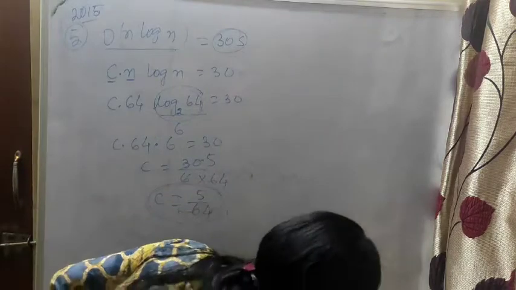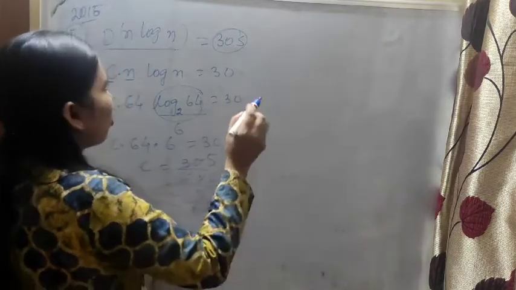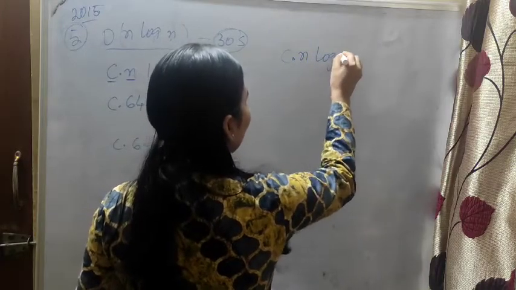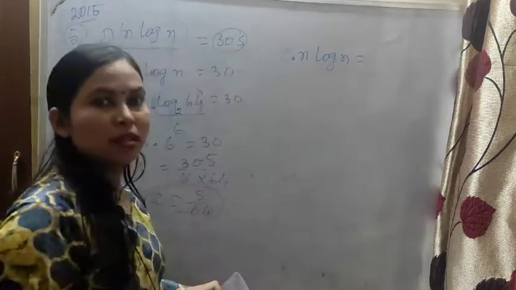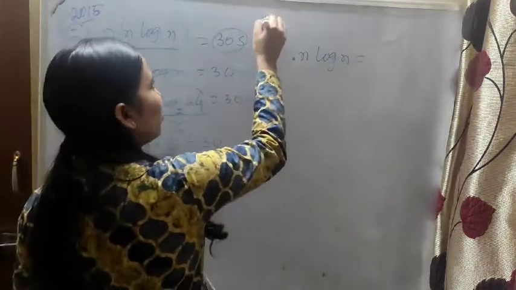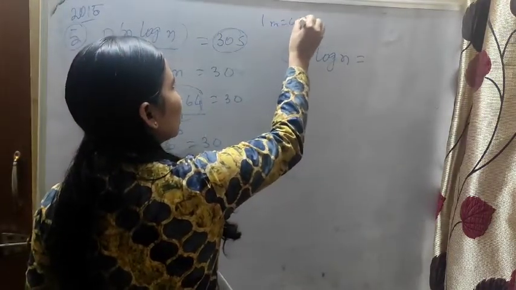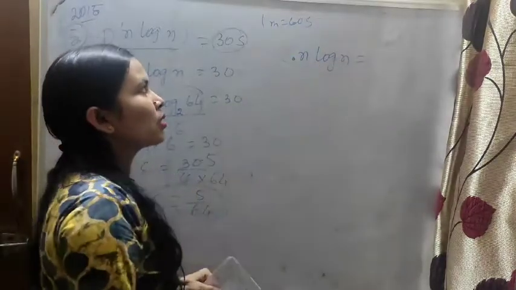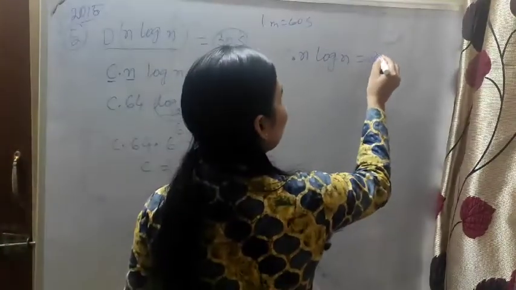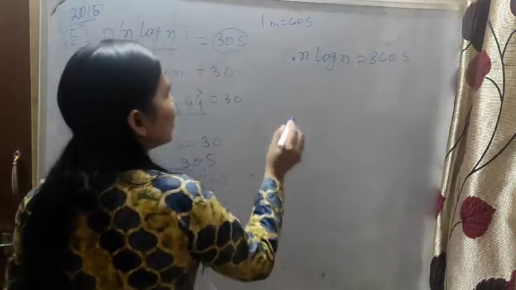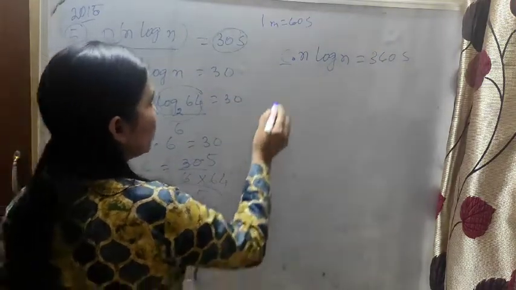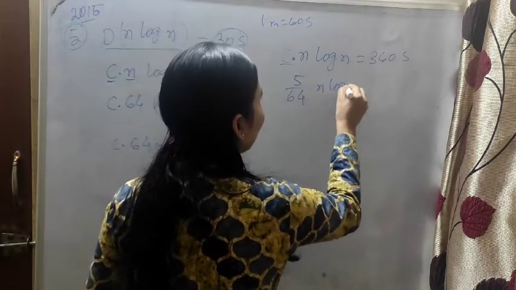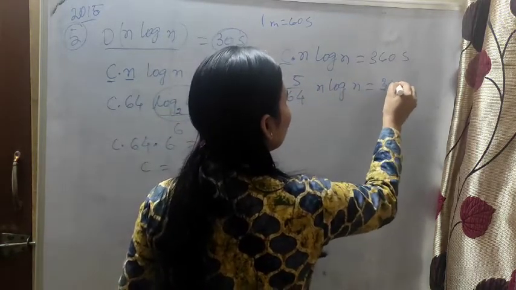Write down c n log n equal to 6 minutes. 1 minute equals 60 seconds, so 6 minutes equals 60 into 6, which is 360 seconds. The constant is 5 by 64, so 5 by 64 times n log n equal to 360.